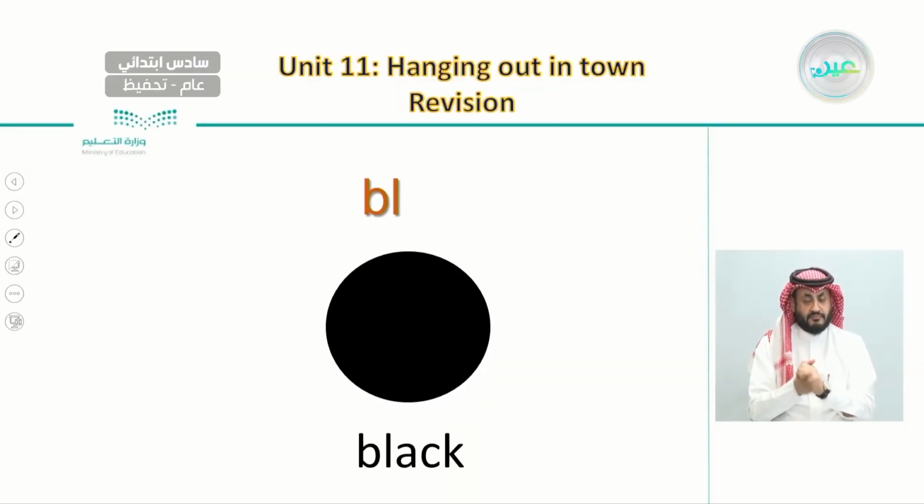The second word we have for this blend was a color, and of course, you all know what color this is. This is the color black. Say after me, black. See how we pronounce B and L together and how they blend with the other letters in each of these words.